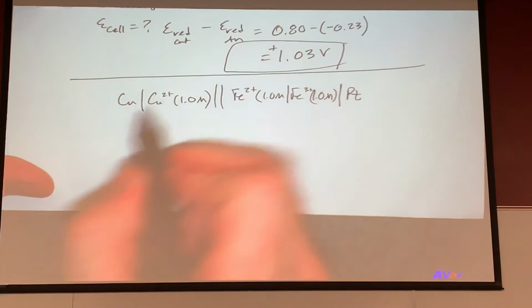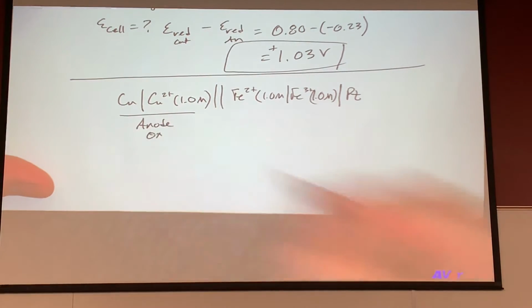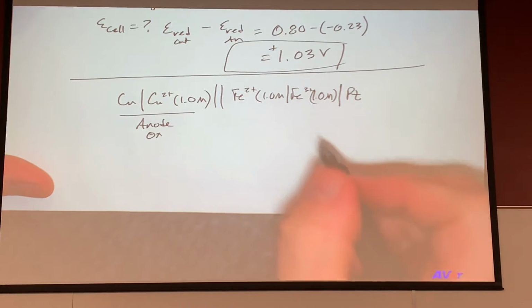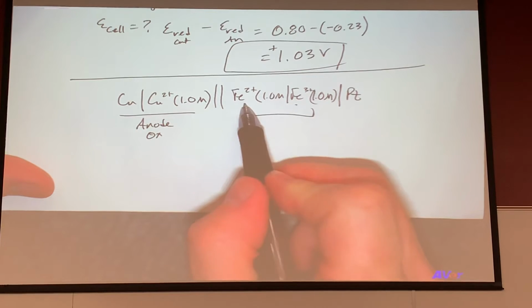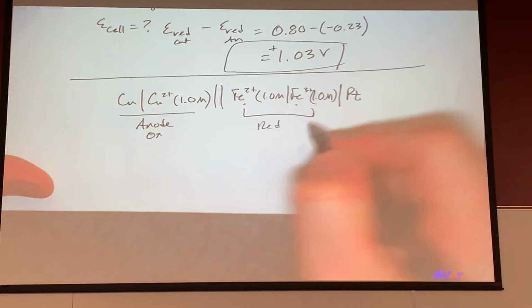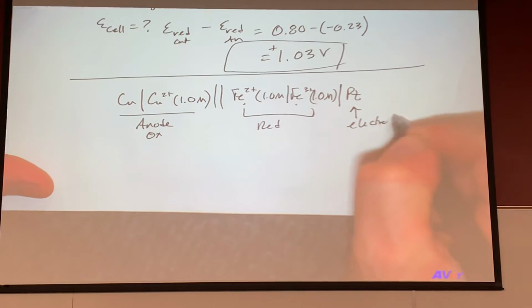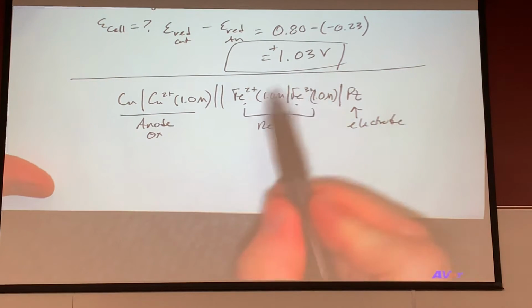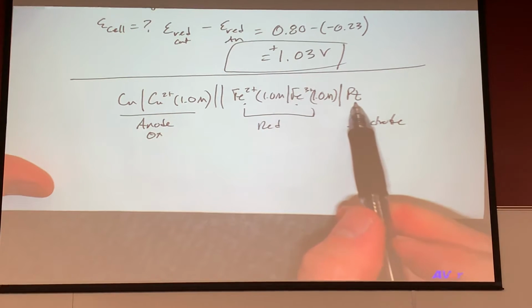For this one, same oxidation. In this compartment, you've got a reduction where iron 3 plus is going to iron 2 plus. This is your reduction. And you have a platinum electrode. So in other words, in this particular cell, there's no solid iron present. The transfer happens at the surface of the platinum.